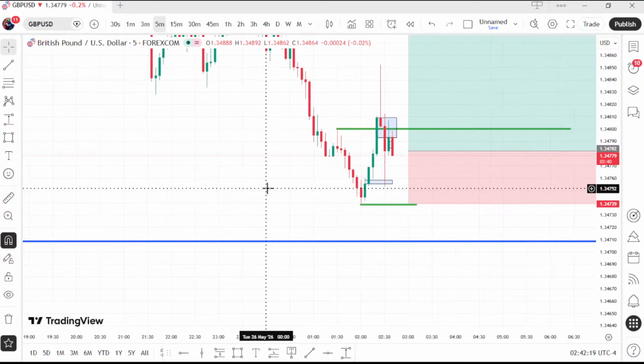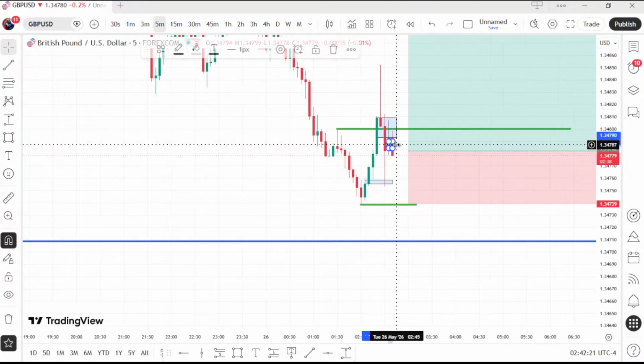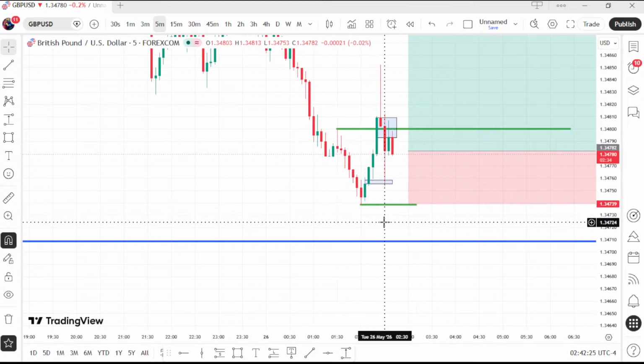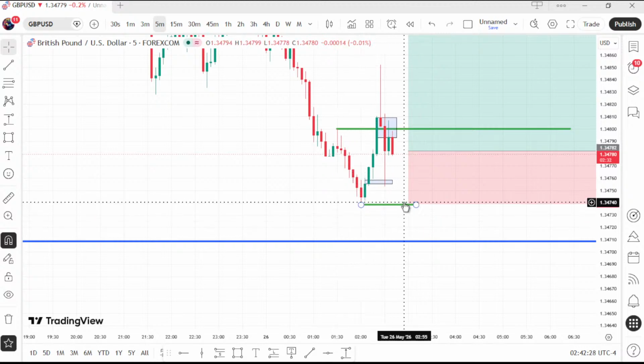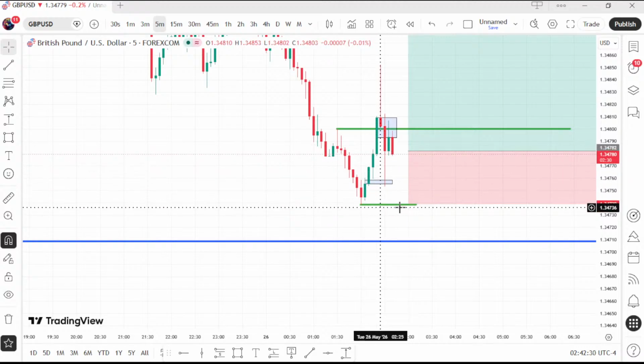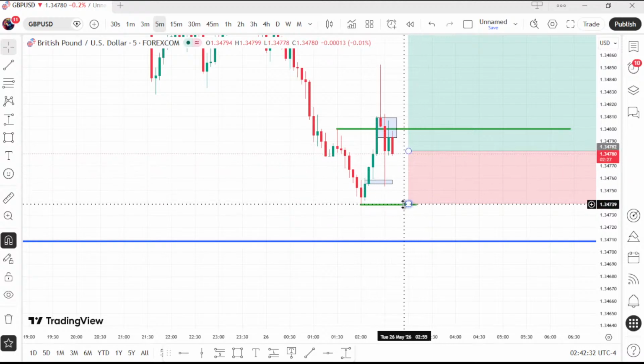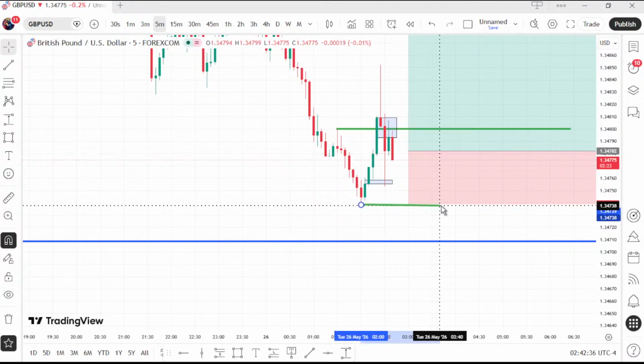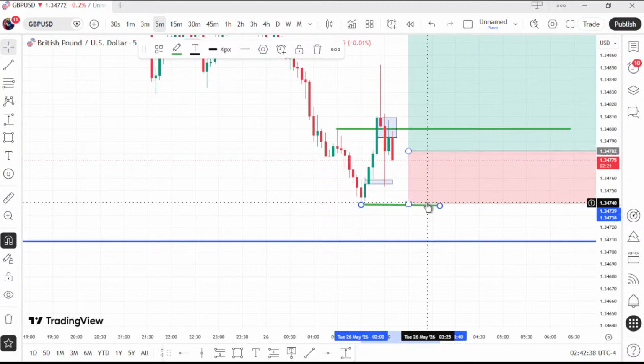Price has respected that 1 minute fair value gap, this one. Now let's see if price will actually want to go over to this. If it goes, that will be our first and last entry for the session, and maybe call it a session.